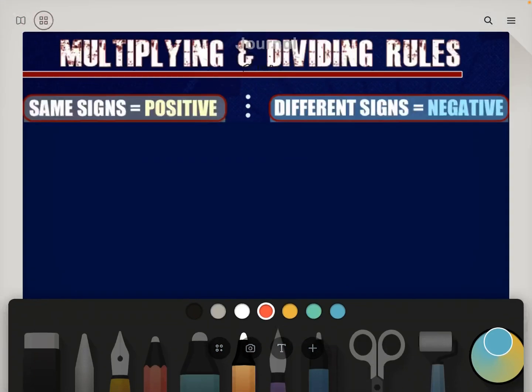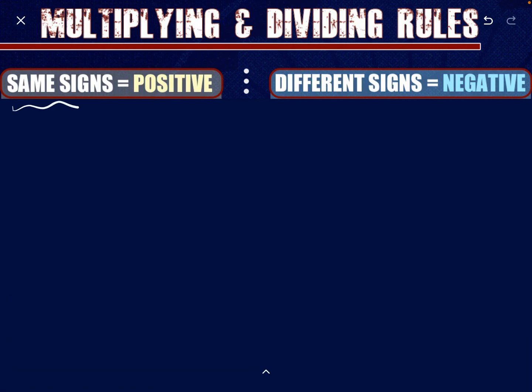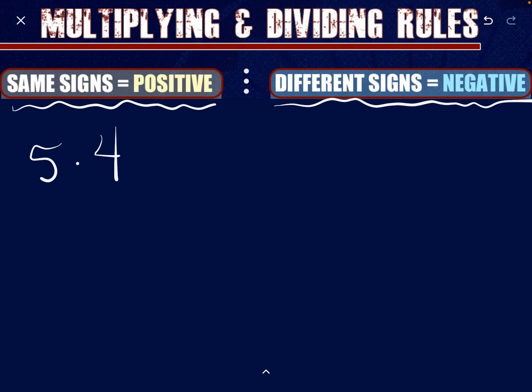But let's try some of these problems and hopefully we understand where this is all coming from. All right. So again, same signs positive, different signs negative. So let's just look at something again. If you don't remember, multiplication is nothing more than repeated addition. That's all it is. 5 times 4, or like we talked about, 4 times 5, tell us the same thing.